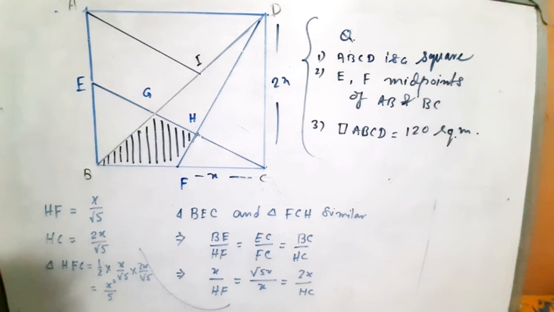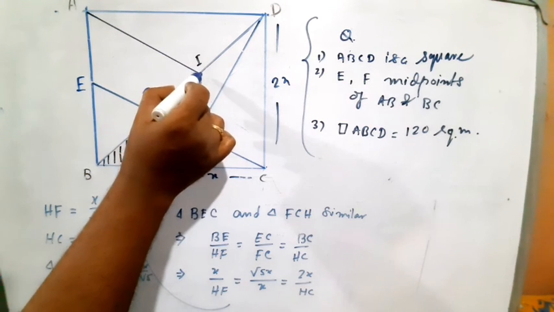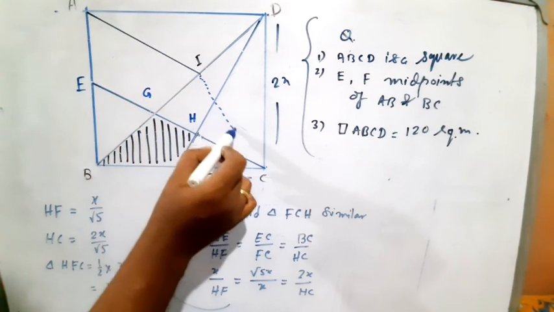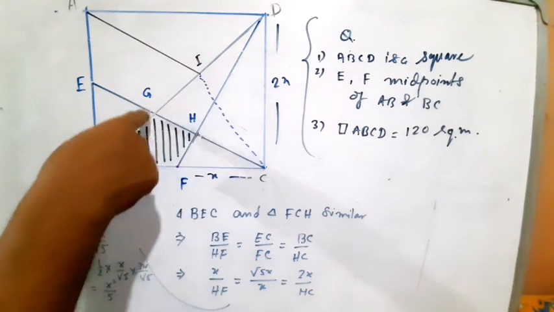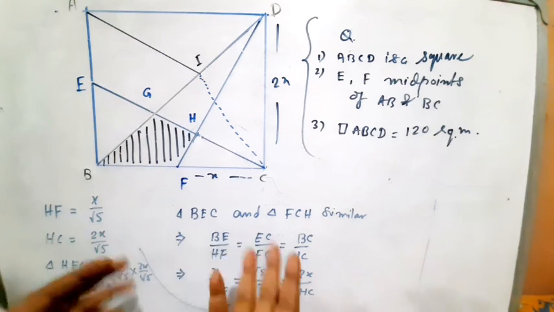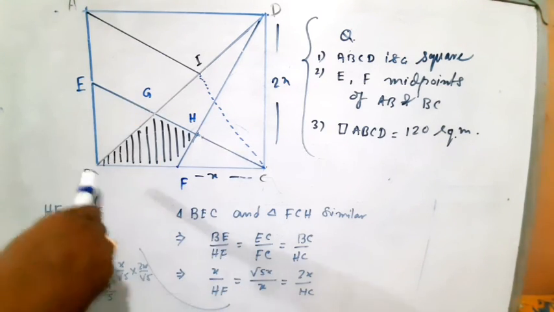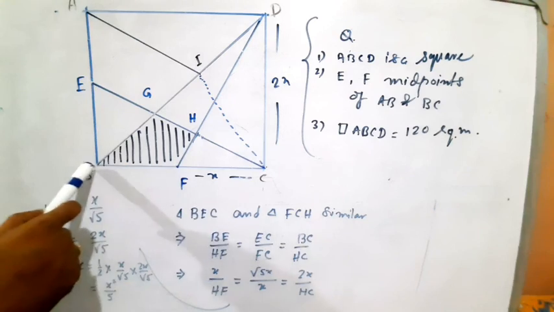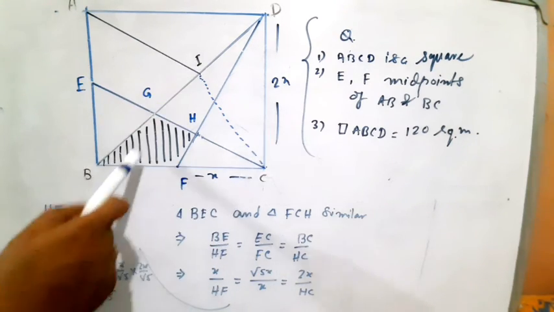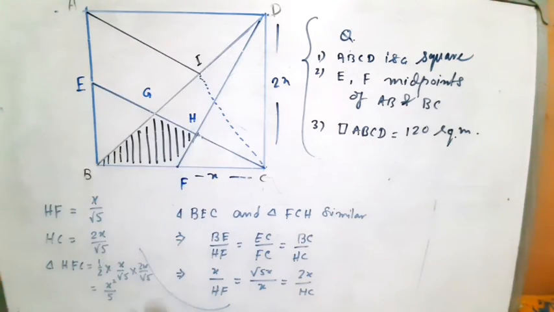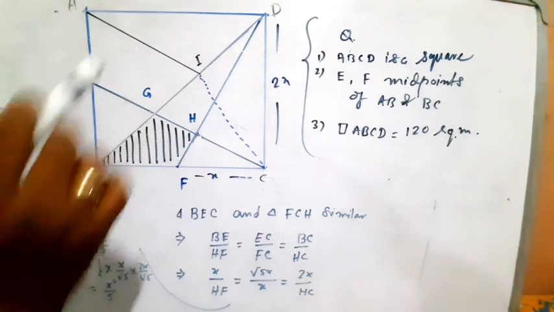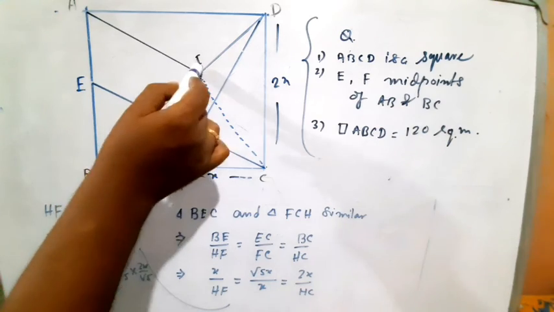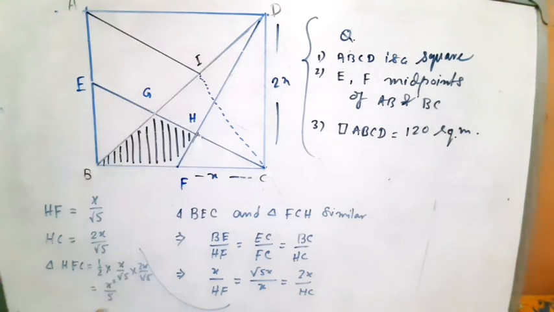What is the matter of this? If we draw a line with this, then we will find three equal triangles. Equal means the same area: BGC, GIC, DIC. All three have the same height and their bases are equal. So these three triangles are equal.